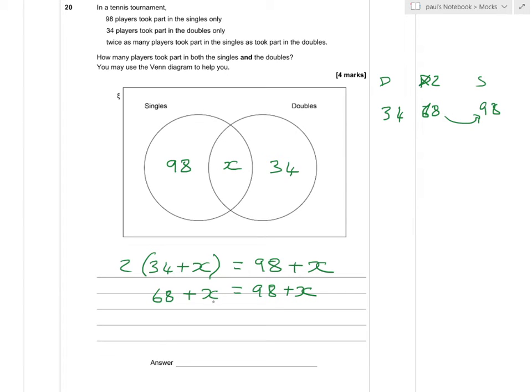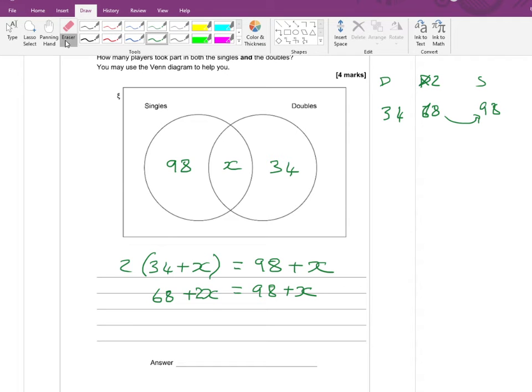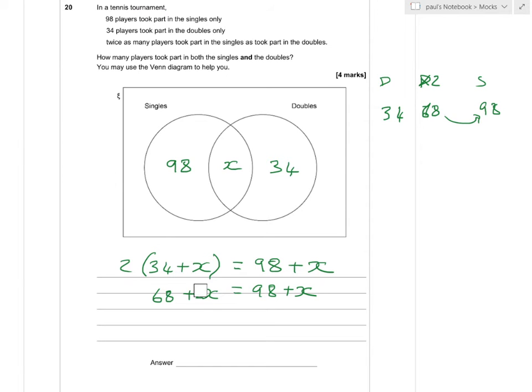Right, so 98 plus x is 68 plus 2x. Getting slapdash now. Slow down. 68 plus 2x.